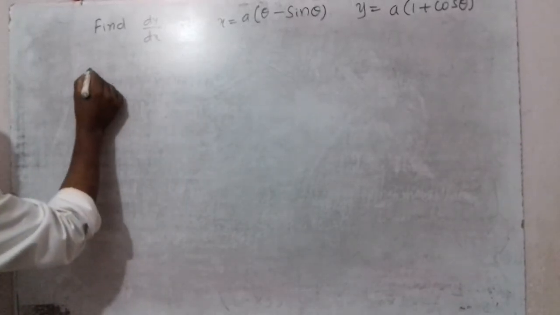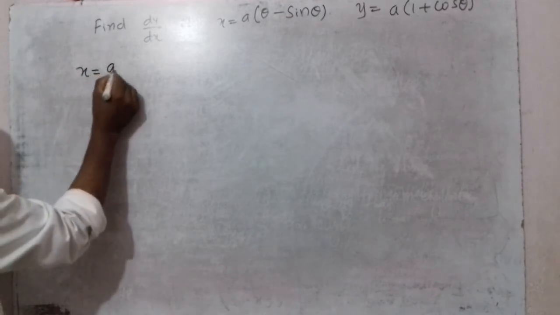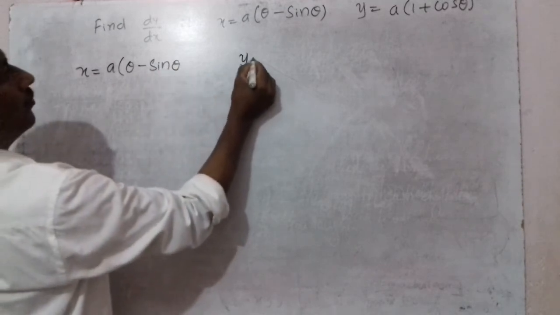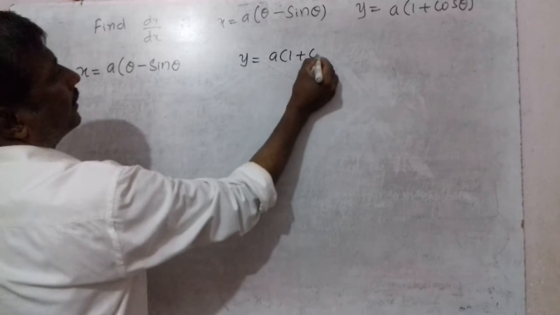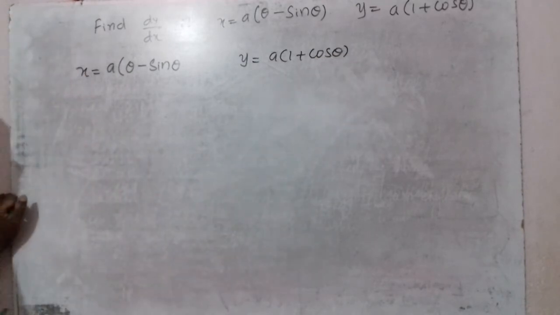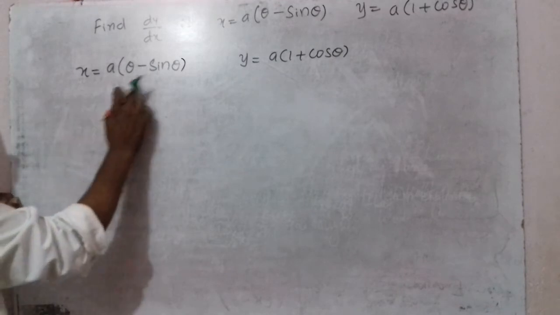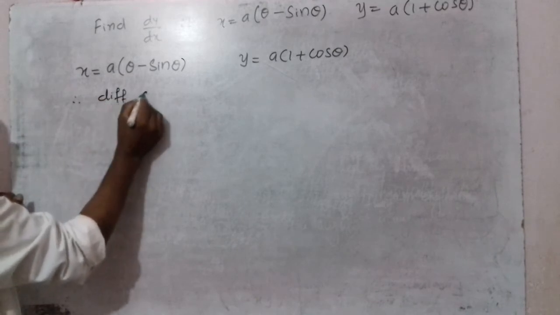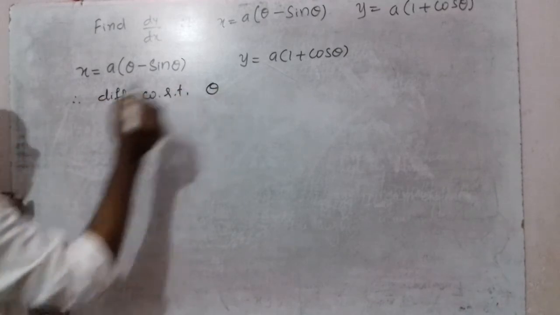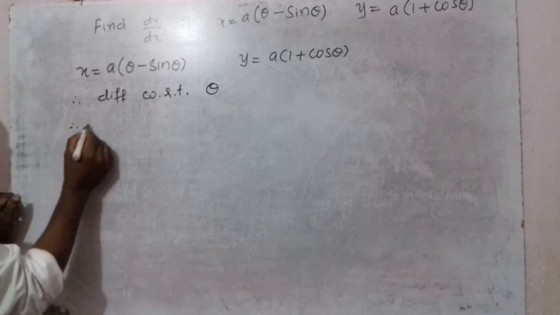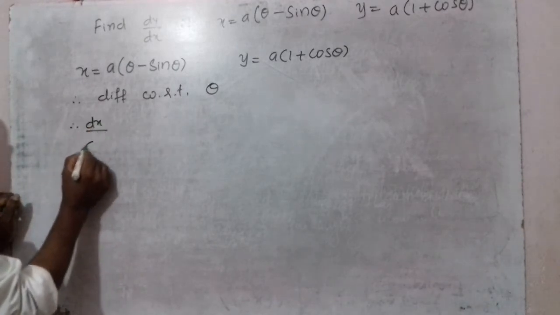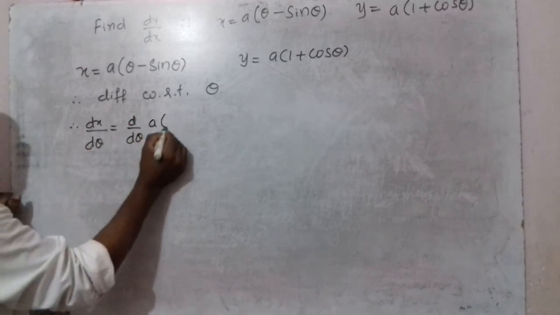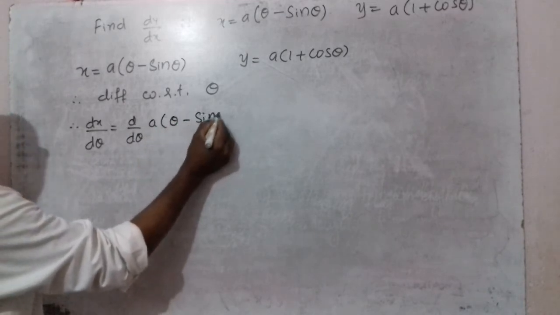Now consider x equals a into theta minus sin theta, y equals a into 1 plus cos theta. So the common parameter is theta, therefore differentiate with respect to theta. dx by d theta equals d by d theta of a into bracket theta minus sin theta.